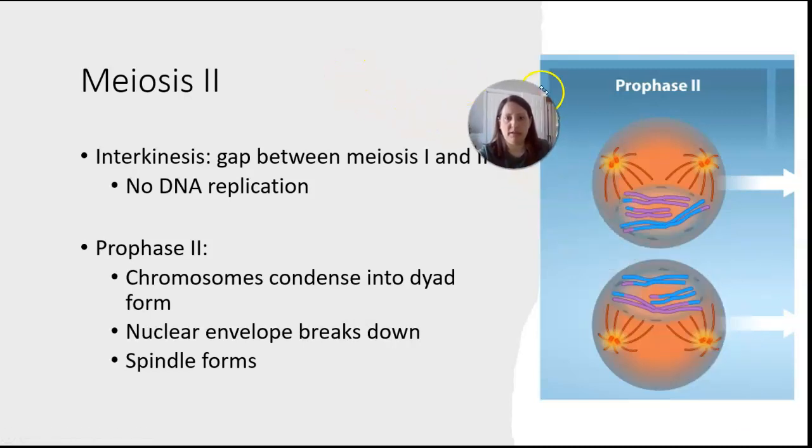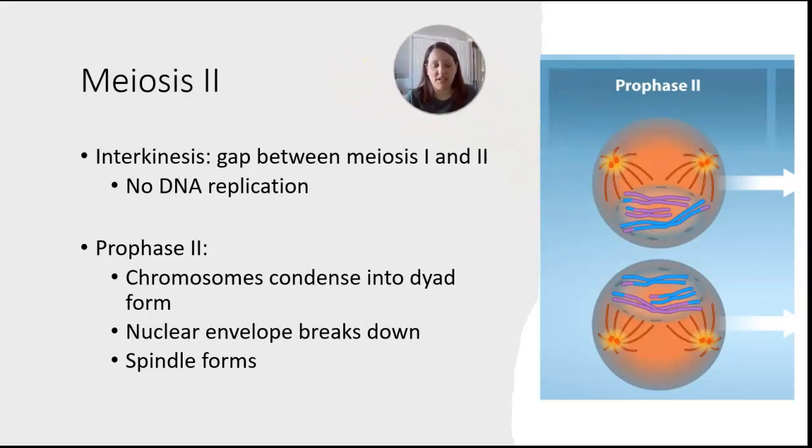In some species, there's a phase in between meiosis 1 and meiosis 2, and it's called interkinesis. I put that on here. Interkinesis can be thought of as a gap, and it can be very long or very short, depending on the species.